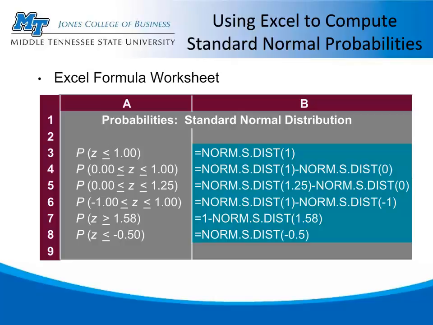So you take the probability that's smaller or equal to 1.58 and subtract it from 1, because your probabilities have to add up to 1. If you want the probability that's less than or equal to a value, just put that value inside that normal distribution function, and it's going to return the probability for you.